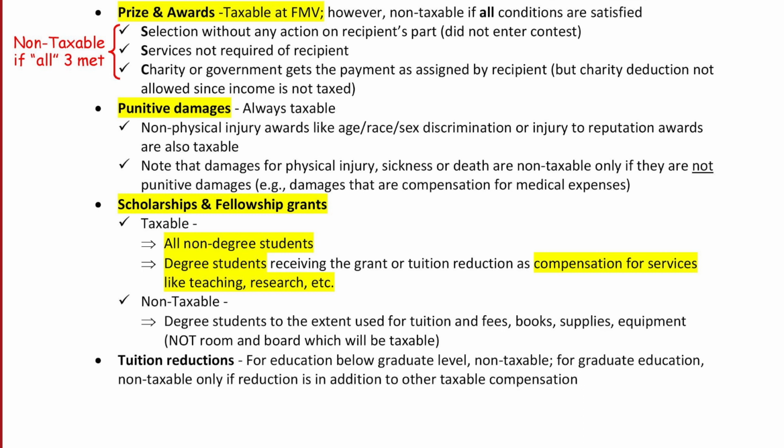However, the scholarship and fellowship grant is going to be underlined non-taxable if the recipient is underlined degree students, to the extent the scholarship or fellowship grant is used for tuition and fees, books, supplies, equipment, but not room and board, which will be taxable.